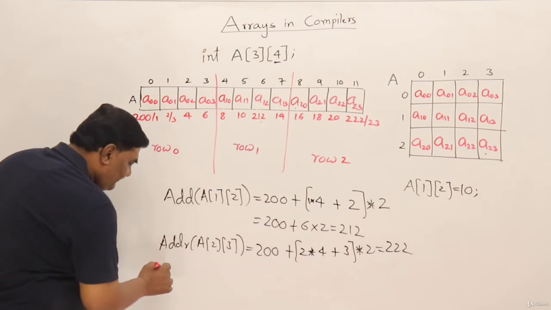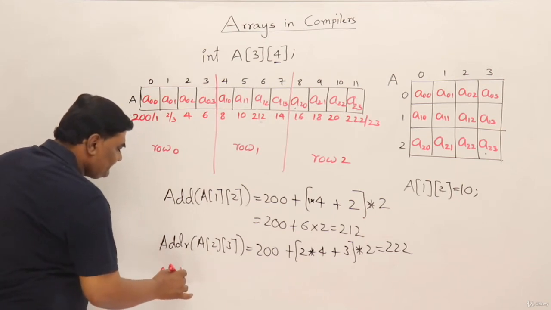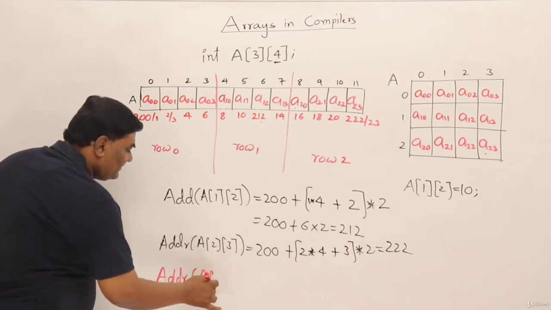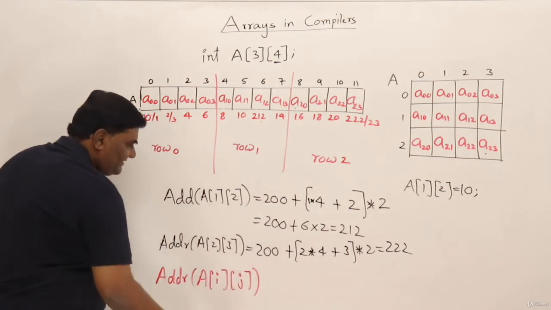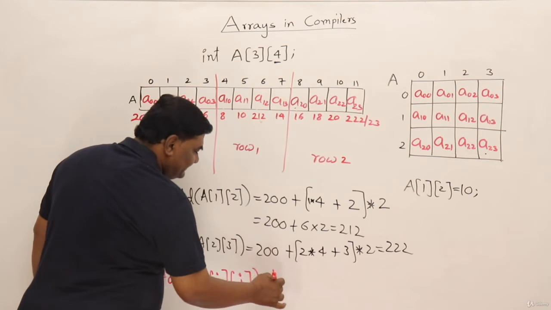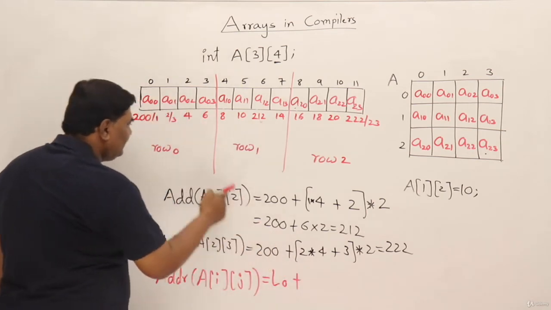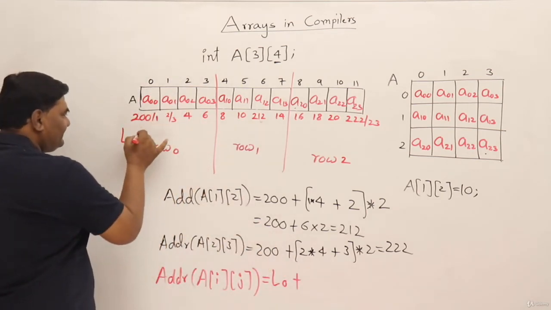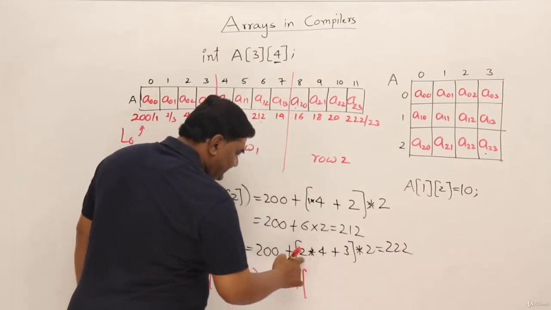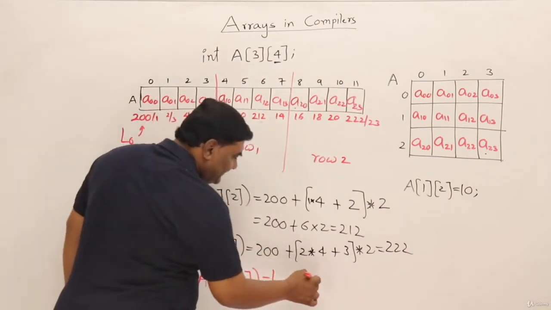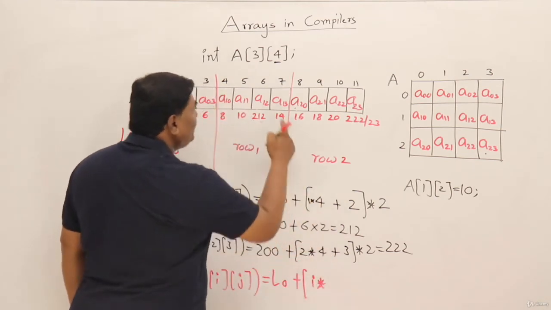So the address of any element A of i, j, where we take i and j for representing the indices, is L0 plus i into the number of columns.